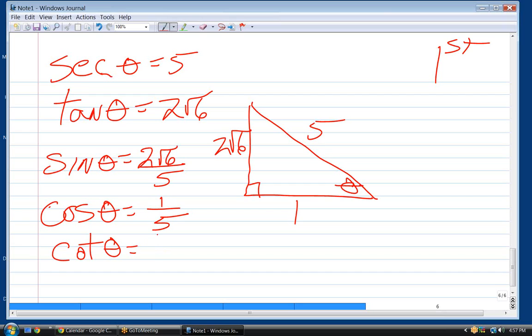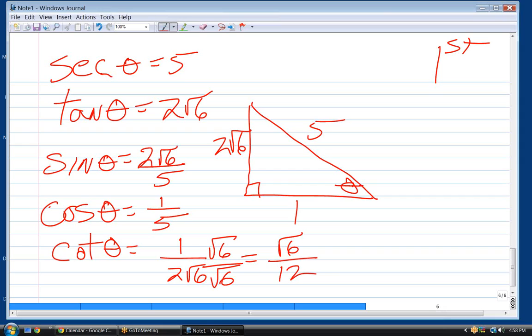That would be 1 over 2 square root of 6. I always forget, do you bring the 2 with it or no? Well, let's figure it out. That's equal to square root of 6 over 2 times 6, 12. Okay. So the 2 stays down there. You don't bring it with you.